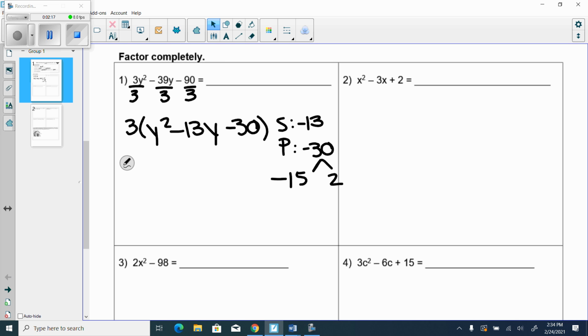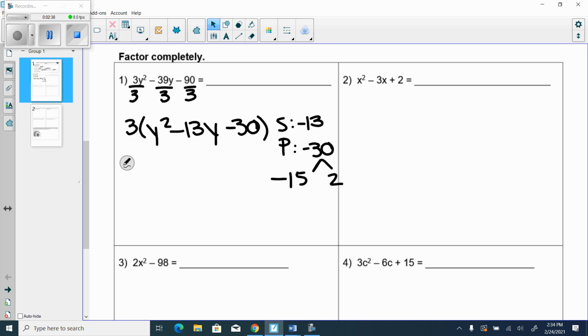Negative 10 and negative 3 would add to give me negative 13, but negative 10 times negative 3 would give me positive 30, right? And that wouldn't work. So it has to be the 15 and the 2, because only one of them can be negative to get us negative 30. Negative 15 plus 2 is negative 13.